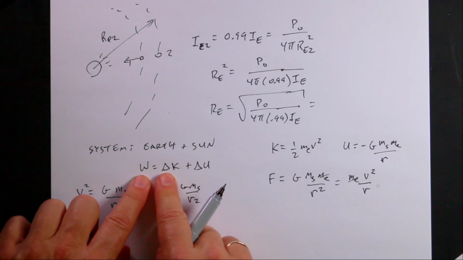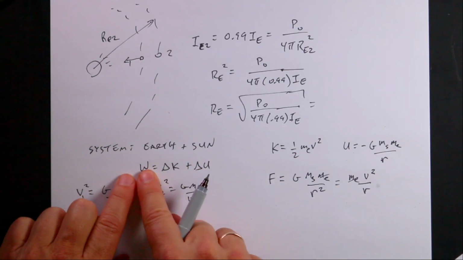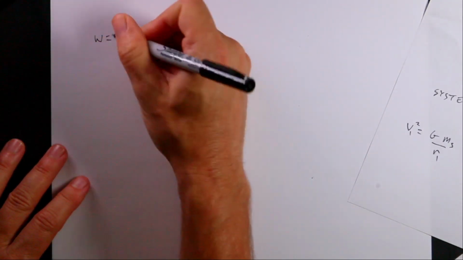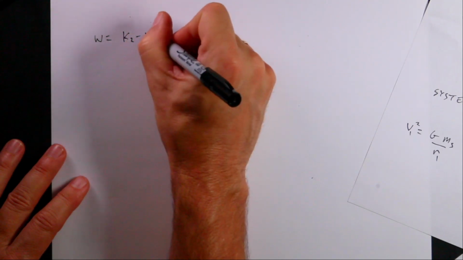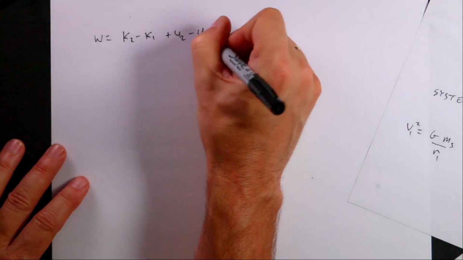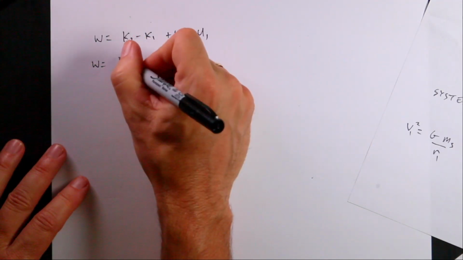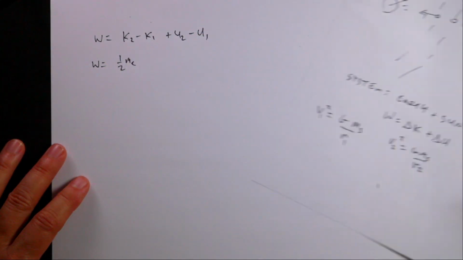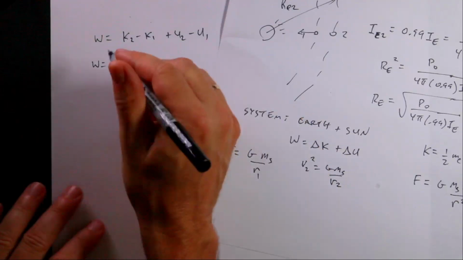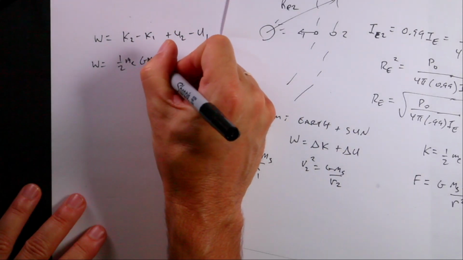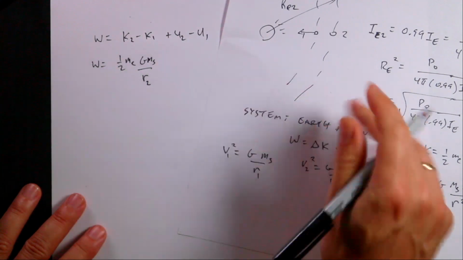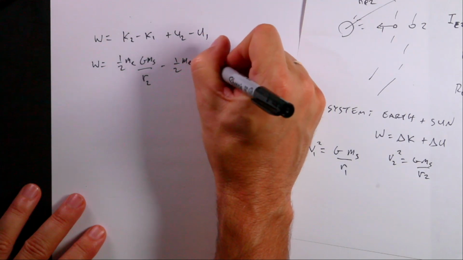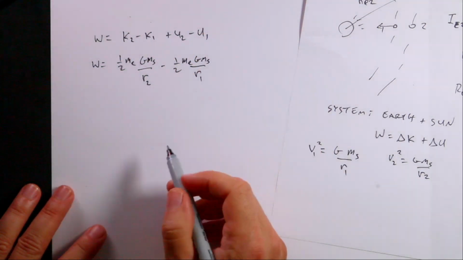Now, I am going to have a change in energy. I need to find how much work it's going to take to change that energy. So let's write work equals K2 minus K1 plus U2 minus U1. K2 is 1/2 mass of the Earth v2 squared, but v2 squared is G mass of the Sun over R2, minus 1/2 mass of the Earth G mass of the Sun over R1, which is where I'm starting.